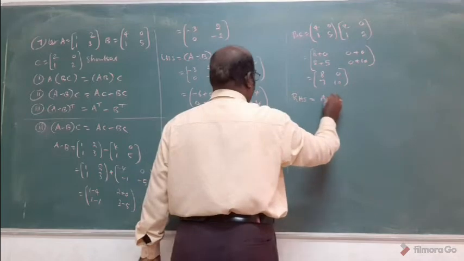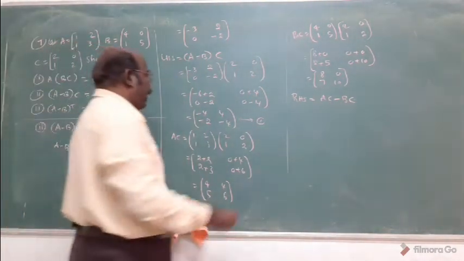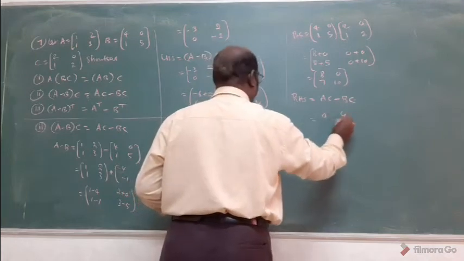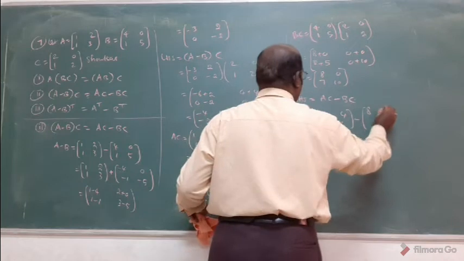Now only find the RHS. First one is what? AC minus BC. That is RHS. Now substitute AC: 4, 4, 5, 6 minus BC: 8, 0, 7, 10.